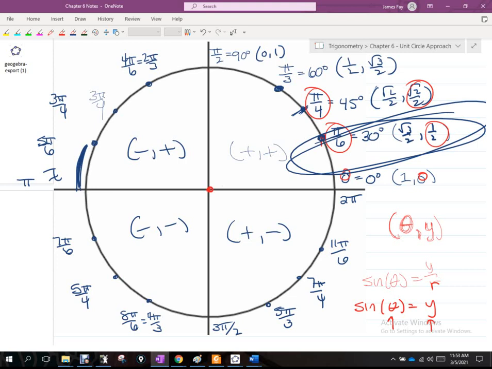We talked the other day about how, if I just memorize that completely and don't learn the relationships to help me generate it, eventually when I ask you what pi over 12 is, which is halfway between 0 and pi over 6, I'm going to be asking about a 15-degree angle. There's an ordered pair that goes with it. And if I type in sine of 15 degrees or sine of pi over 12 on my calculator, cosine, it will tell me the decimal approximation of that ordered pair.